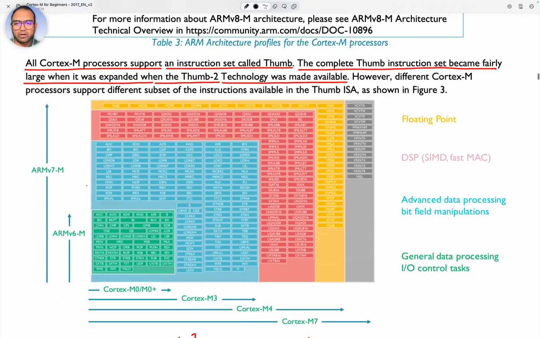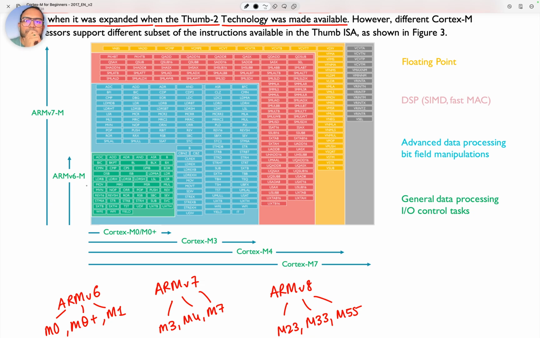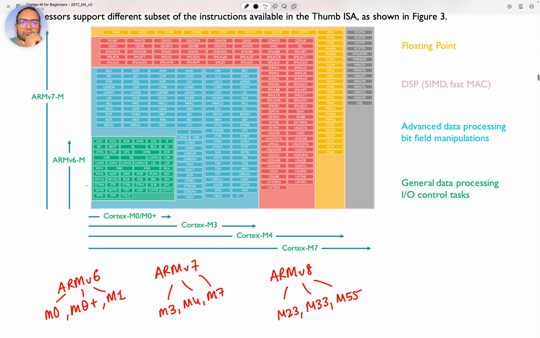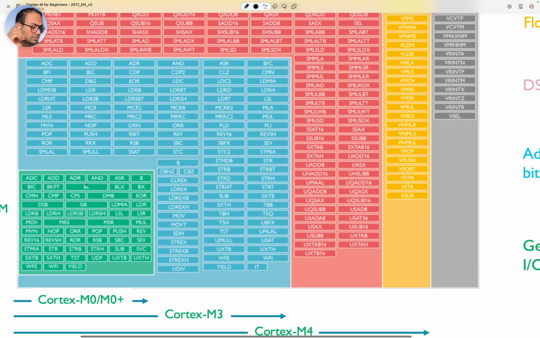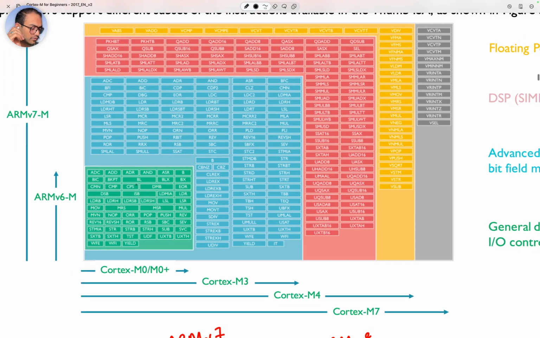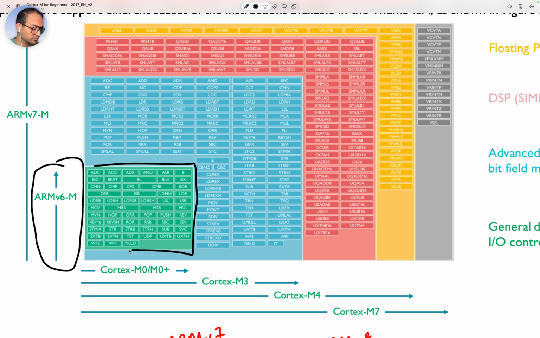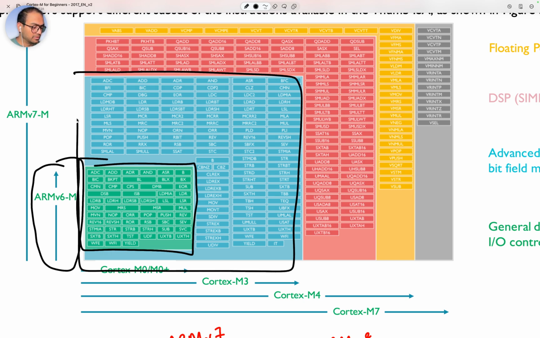Right. So how do these different implementations differ from one another? That is in terms of the instructions and the features they provide. So for example, the ARM v6M architecture provides us with these many instructions. So your C code or assembly code can only have these instructions, while the M7 can have these many.